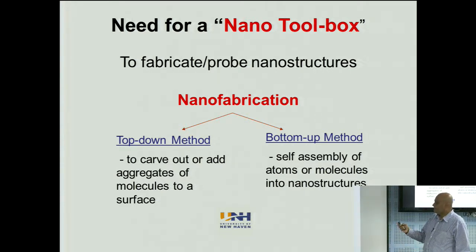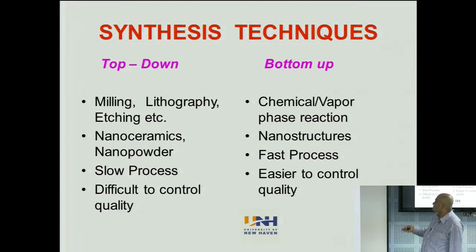Currently the semiconductor technology uses top down. So, I told you the positives and negatives of top down. What are the materials which are made by top down? Normally materials which have an extremely high melting point.